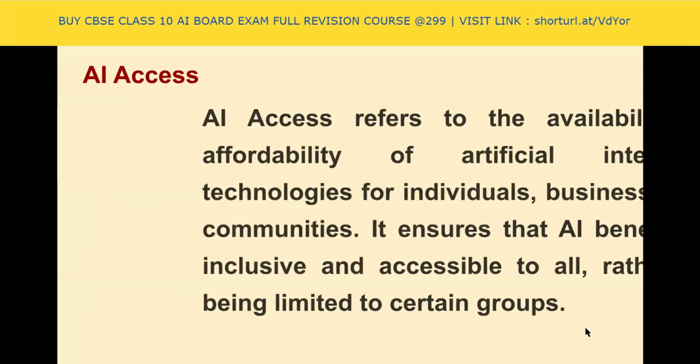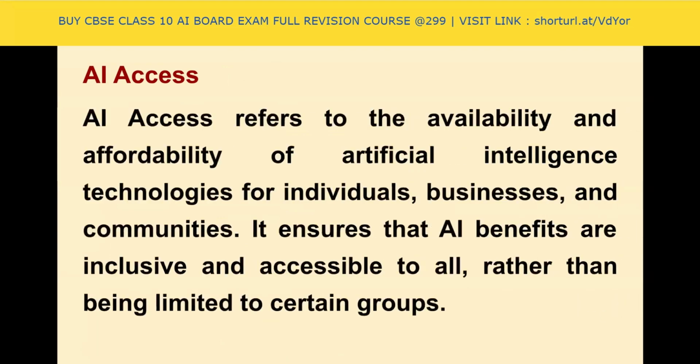Now the next is, what is AI access? Okay. So, though there's a lot of talk about AI related technology, unfortunately, much of the technology is available to us free of cost. But as we go for some kind of customized application, those applications require you to pay.